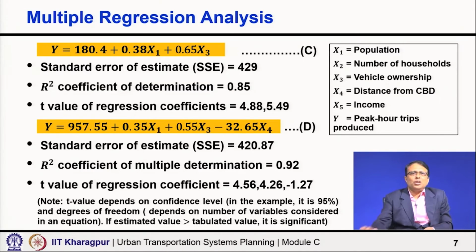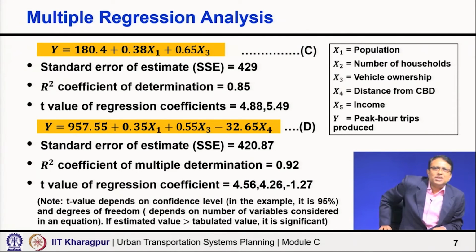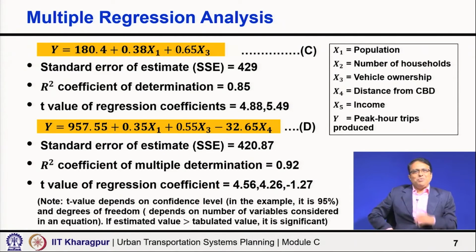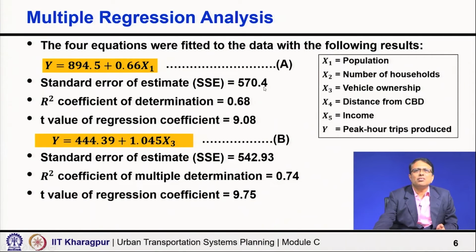So, if I have not missed any point as I am looking at the screen now, then the choice should actually be model C. That means I am using population and vehicle ownership data.